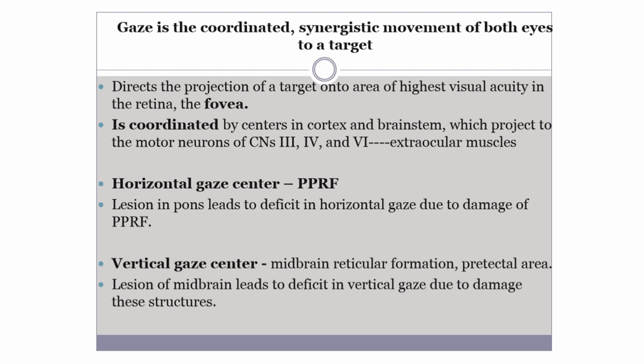Remember, SO4, LR6, all others 3. Our horizontal gaze center is the PPRF, and lesions in the pons lead to deficits in horizontal gaze. Vertical gaze center, the midbrain reticular formation, pretectal area, lesions of midbrain can lead to deficits in vertical gaze due to damage in these structures.